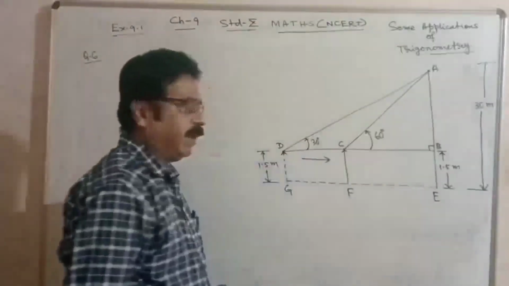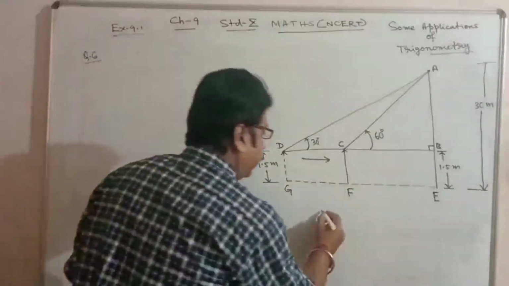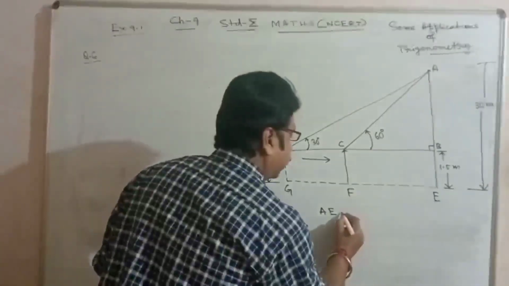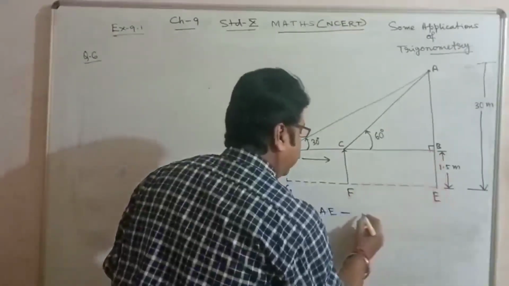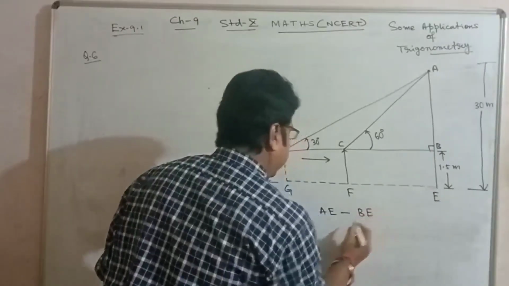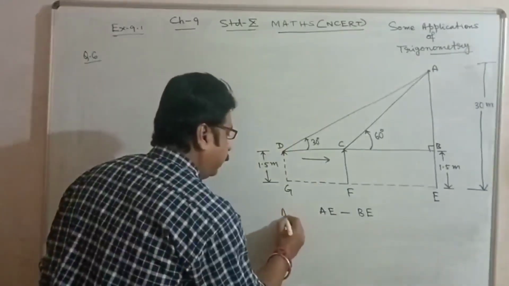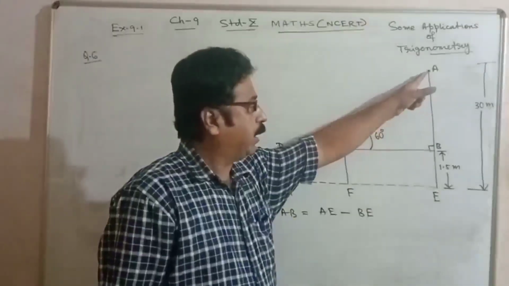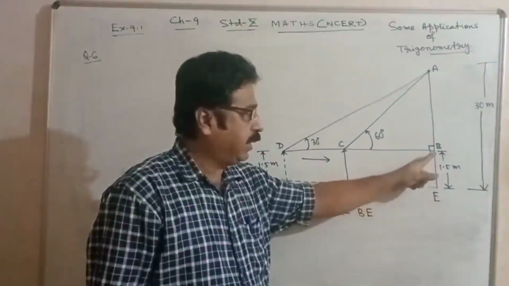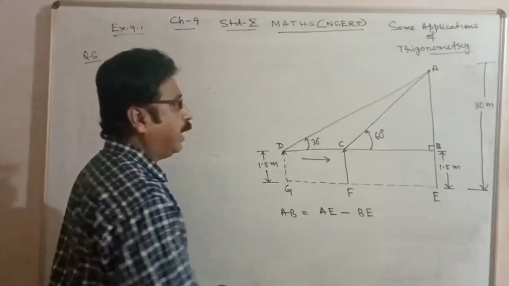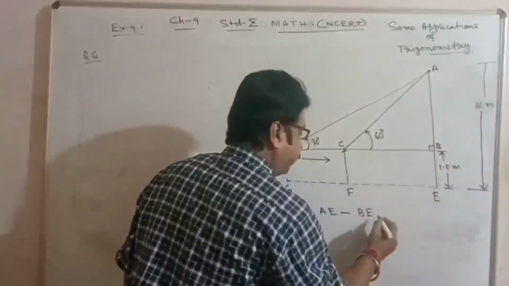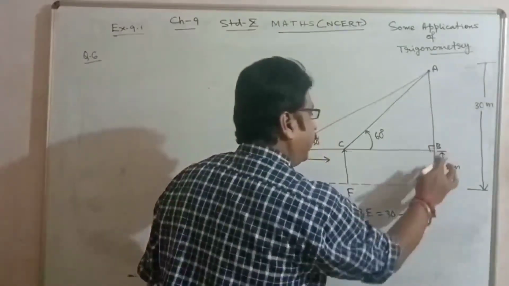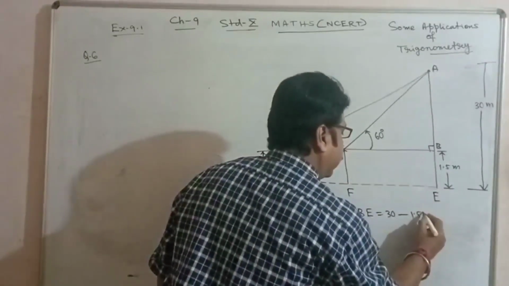AB we can find easily. AE minus BE will be equal to AB. AB means AE minus BE. AE means 30 meter and BE means 1.5 meter.